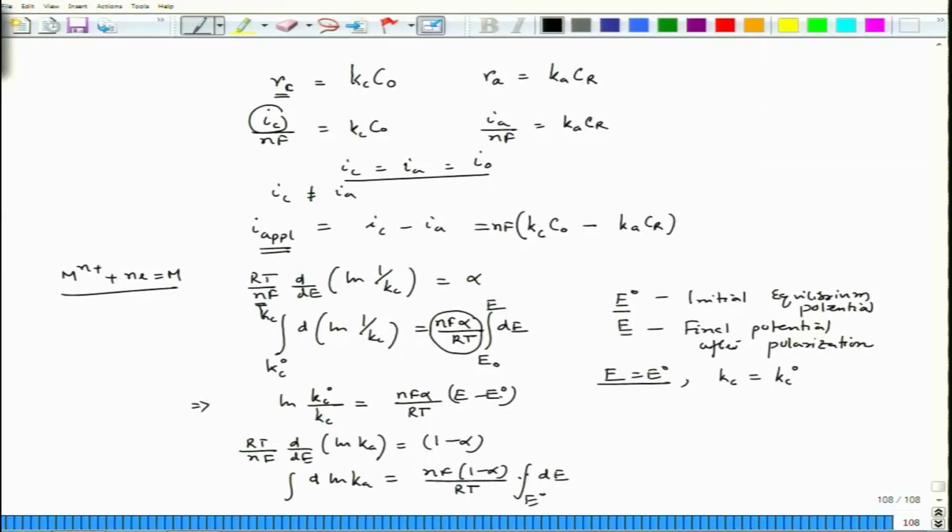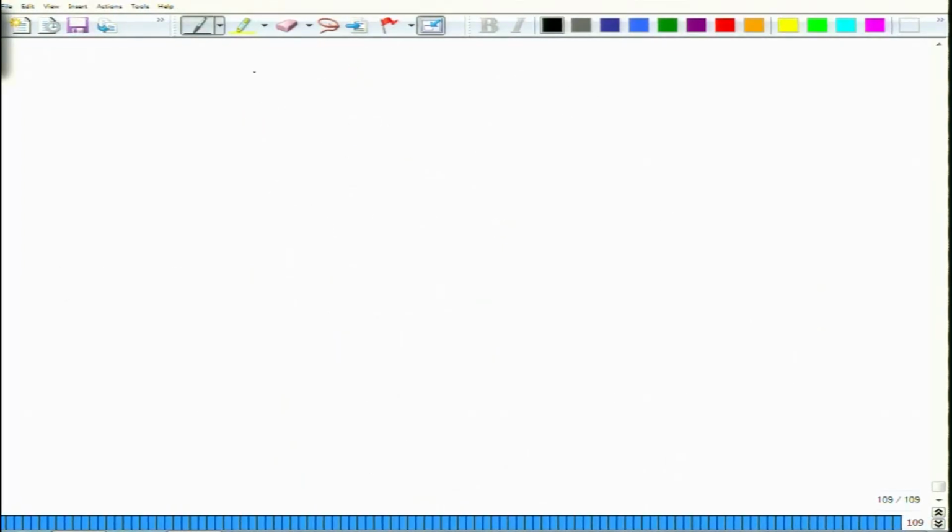So, this is this, and here it would be K A 0 and K A when E equal to E 0, K C equal to K C 0. So, I would get ln K C equal to n F alpha by R T (E minus E 0).